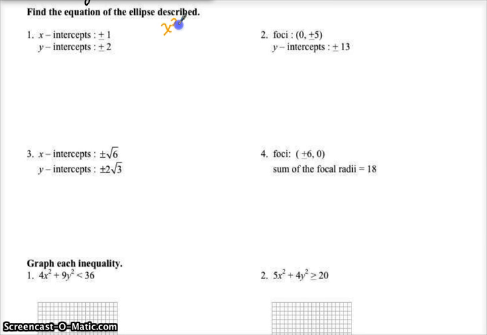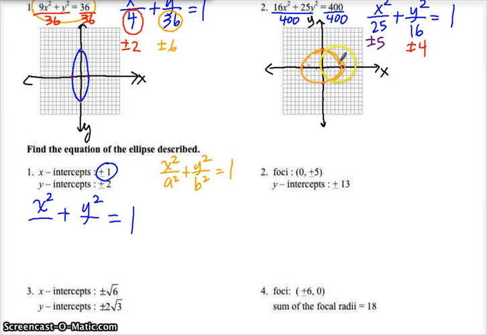So remember we had x squared over a squared plus y squared over b squared equals 1. That's what we're trying to do, fill in my a squared and my b squared. Well, that's really easy. You keep your x squared, you keep your y squared, and you set it equal to 1. If the x-intercepts are positive and negative 1, well, these are my x-intercepts, right?